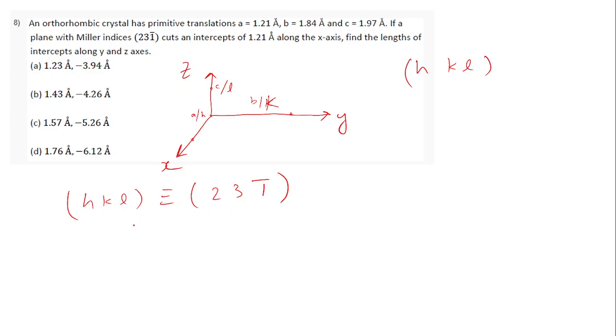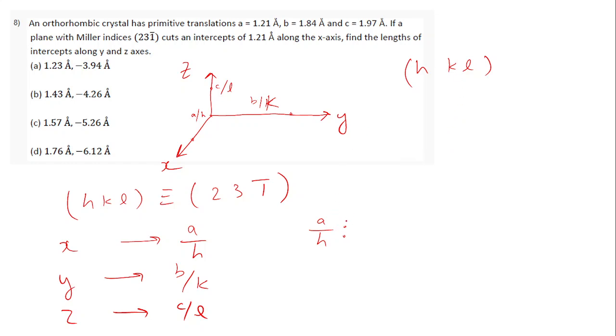That means the intercepts will be, on the x-axis, I told you it's A by h, on the y-axis it's B by k, and on the z-axis it's C by L. Remember, we take the intercepts and then find the common integer and reciprocal, so they are not exact values.